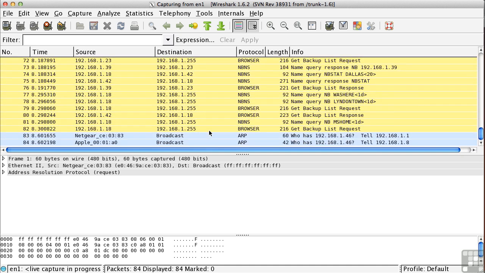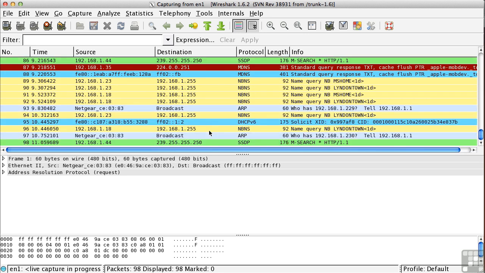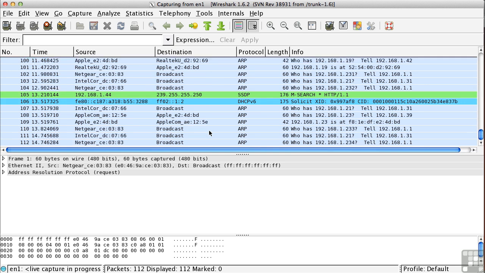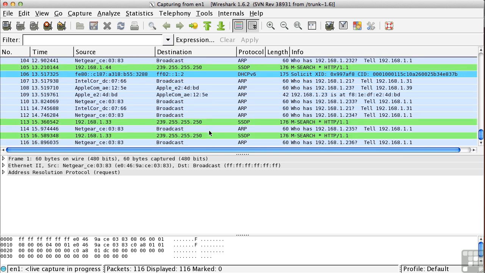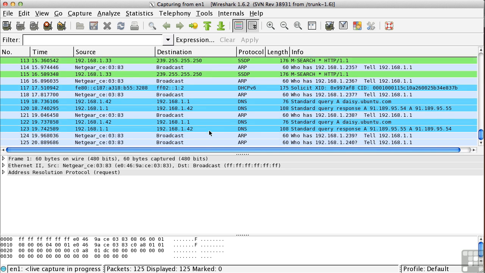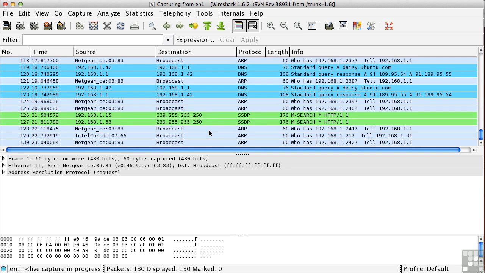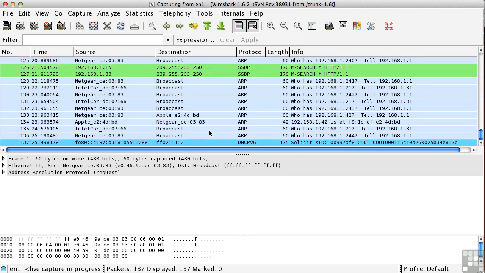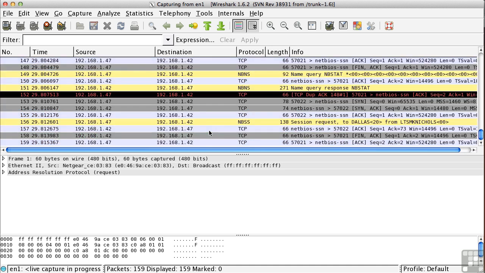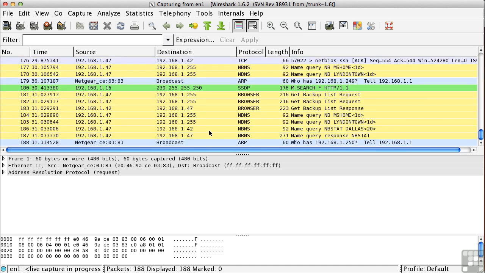Depending on the type of sniffing that you want to do, something like this may be adequate for you, where you really just want to sniff a wireless network. You want to look at the traffic going across it. You are not as concerned about specific portions of the wireless protocols themselves and what's happening there.